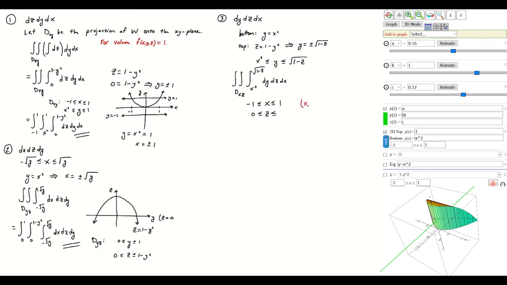Then on the parabola, this green surface facing us, the y value is given by x squared. The z value is determined by this parabolic cylinder, z equals 1 minus y squared. Since we're on this green parabolic cylinder, the y value is x squared. So the z value is 1 minus y squared, which is 1 minus x squared squared, which is 1 minus x to the 4th.